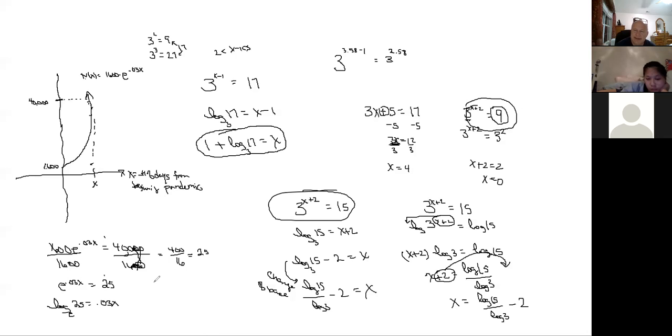Remember, it's those two words, but it's not the way you sound it, because in some countries it's said a different way. Natural log. Yeah, natural log. So we have ln of 25 equals 0.03x. So x equals the natural log of 25 divided by 0.03.